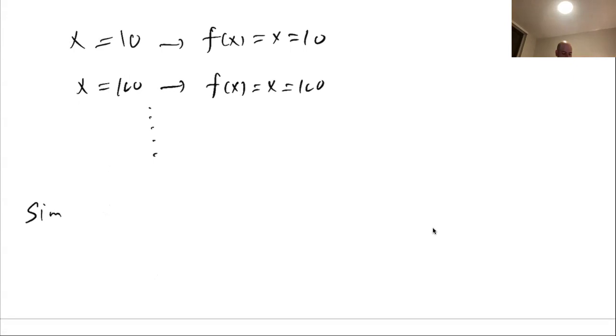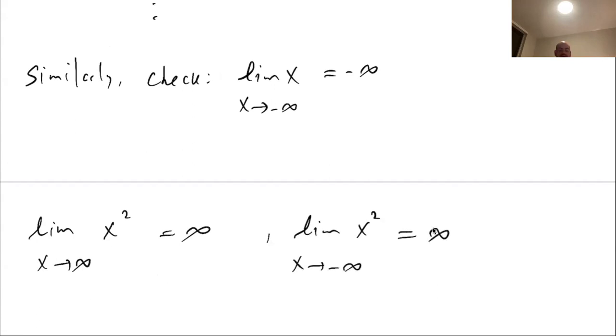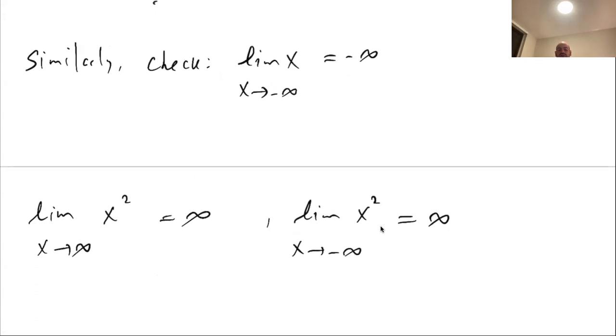So the limit at infinity is infinity. And similarly, check that the limit of x as x goes to minus infinity is minus infinity. The limit of x squared as x goes to infinity is infinity. The limit of x squared as x goes to minus infinity is again infinity, right? Because power 2 kills the minus sign. So x approaching minus infinity means, like, minus 10. Then how much is the output?